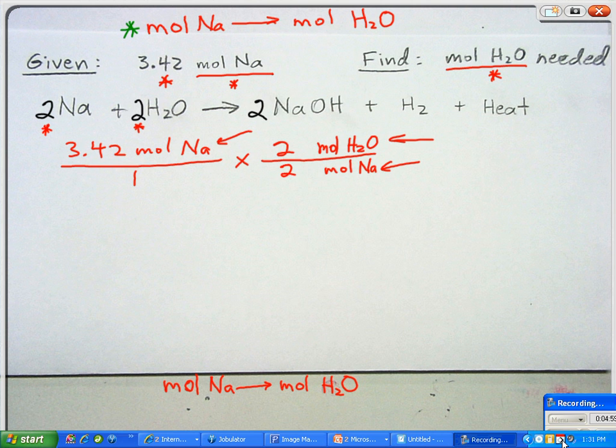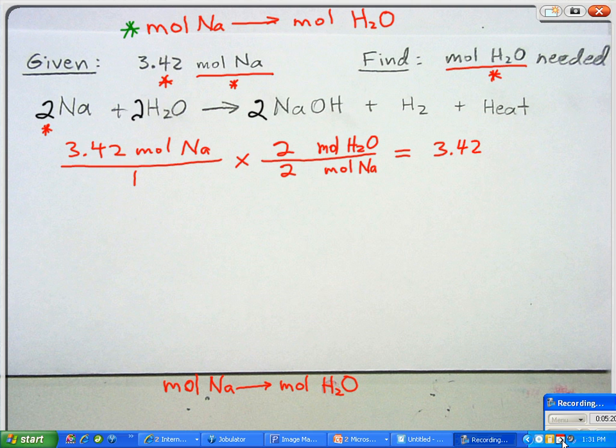And so now we have the ratio of water to sodium, and we are ready to go to our last part, which is simply doing the calculation. So if we find out what that's going to be equal to, that's 3.42. Why?